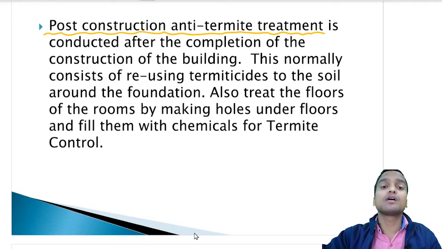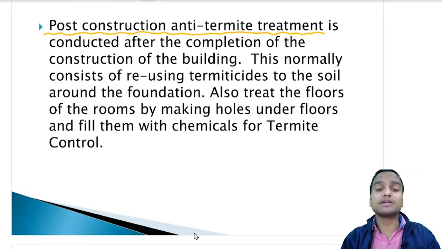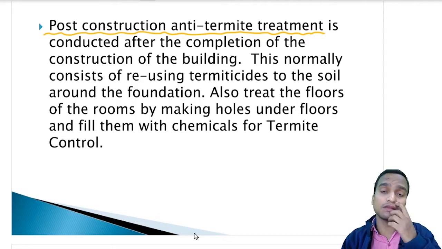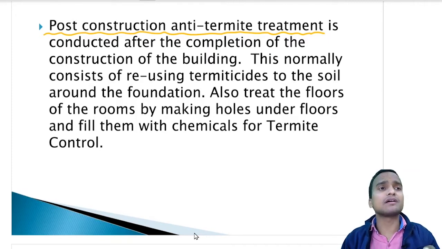If the basement is being attacked by termites, and we are living in a multi-story building, then generally we take a small drilling machine and an 8 mm drill bit, and through that we make holes at a gap of 1 foot everywhere on the floor, okay, and in these holes we take a syringe and inject these termiticides, as much as we can.